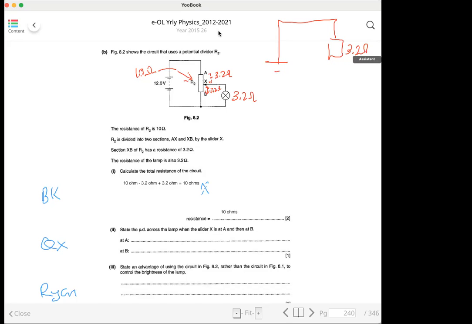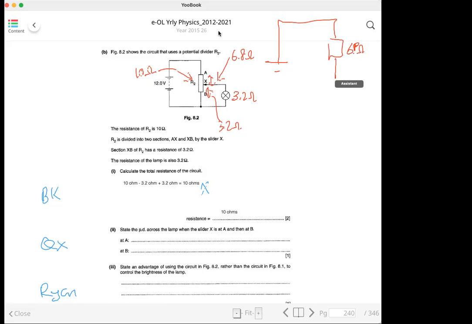Okay, sorry, I'm wrong. This is not 3.2, huh? The 3.2 is below. Okay, so this part is 3.2 ohm. So the top part here will be 10 minus 3.2, which is 6.8 ohm. So the top part is 6.8 ohm.